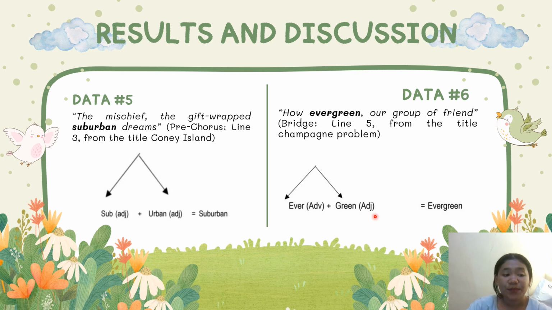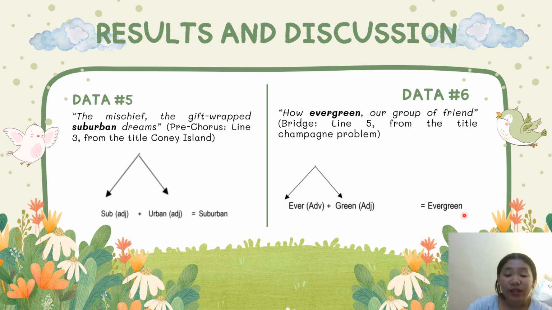It is because, based on Delahanty and Garvey's statement in 2010, compound adjectives consist of 12 processes, and one of them is the combination of adverb and adjective. The word ever is in the word category of adverb. Additionally, the word green is in the category of adjective, so in this case, evergreen falls into the type of compound adjectives.